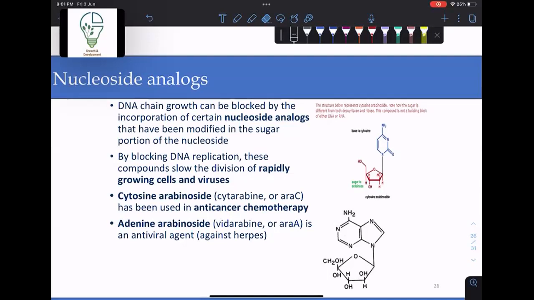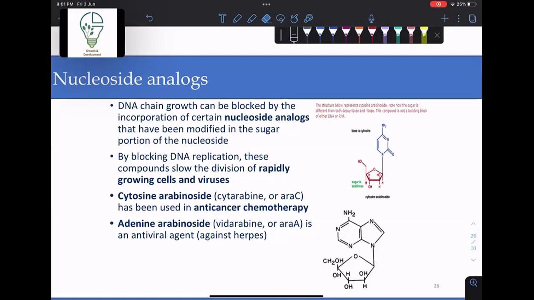So each DNA chain, once enough of it has been replicated, we have nucleotides that come and attach to it, and that's enough. The DNA has been replicated. Another way to stop this DNA from replicating further is something called the nucleoside analogs, and they're basically modified sugar portions of the nucleotides.